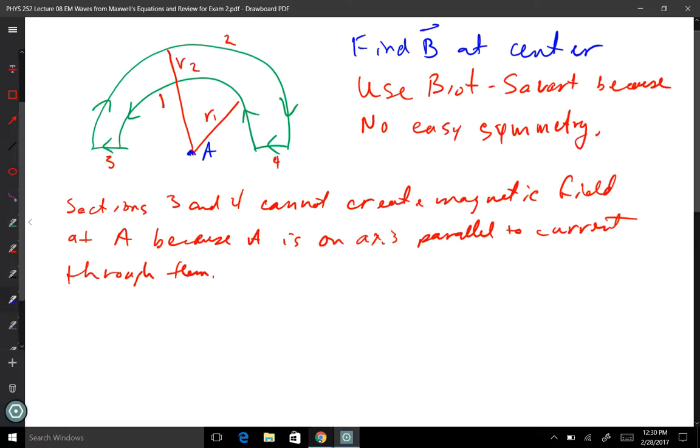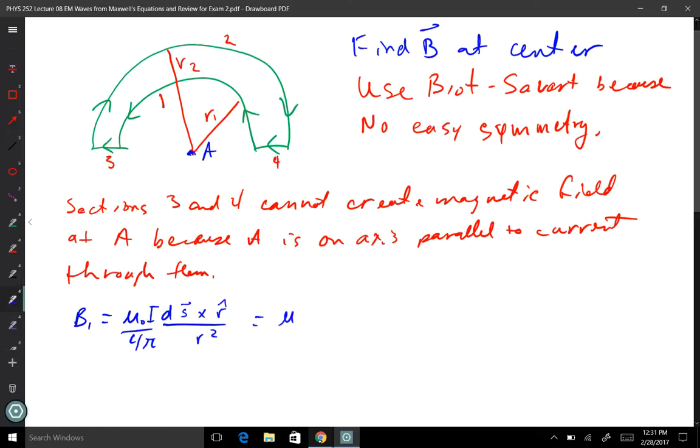So then I use the Biot-Savart Law for sections 1 and 2. So for B1 due to section 1, I have B1 is equal to, and what was the equation? mu naught over 4 pi I ds cross r hat over r squared, right?